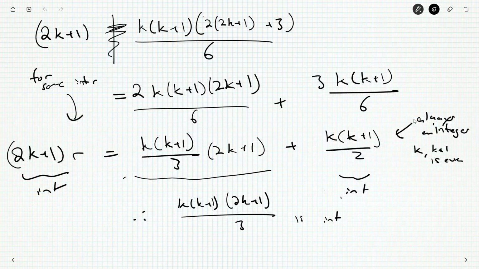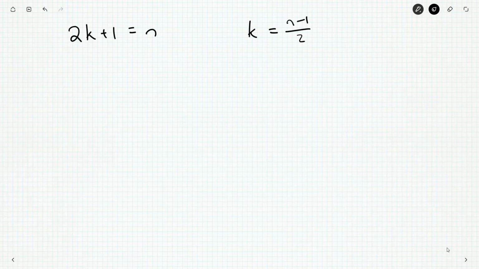And maybe I shouldn't be focusing on the k value? Because we are interested in n, and I don't know anything about n other than it's 2k plus 1, and there's not a nice clean factor here. So is there another approach I can make? 2k plus 1 is n, but that also means that k is (n minus 1) over 2.